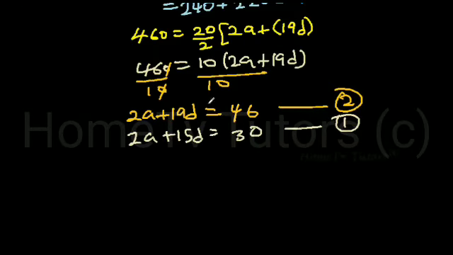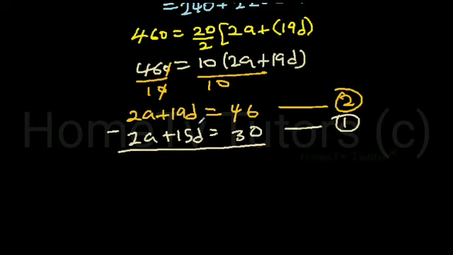I could as well subtract equation 2 from 1. We're still going to arrive at the same answer, but after subtraction we'll have negative answers, which will eventually result in positive. It's still going to be the same, but this is much easier.